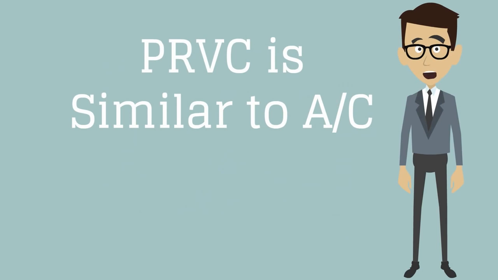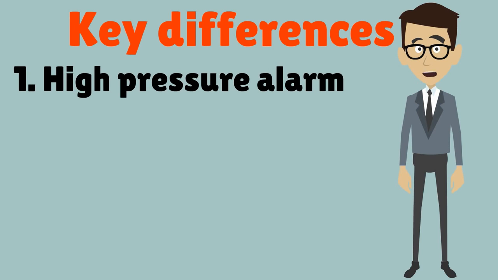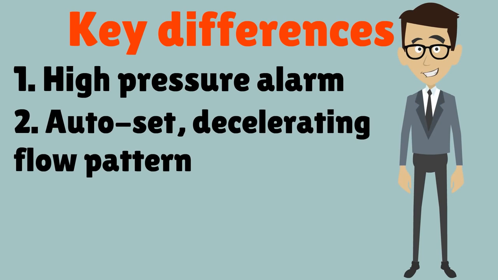So let's recap. PRVC is similar to assist control because it delivers a set tidal volume. However, the unique high pressure alarm will help regulate the PIP. Also, the flow pattern is decelerating and automatically adjusted by the ventilator, not the RT.